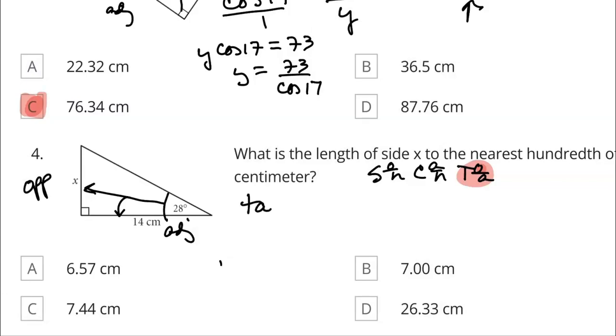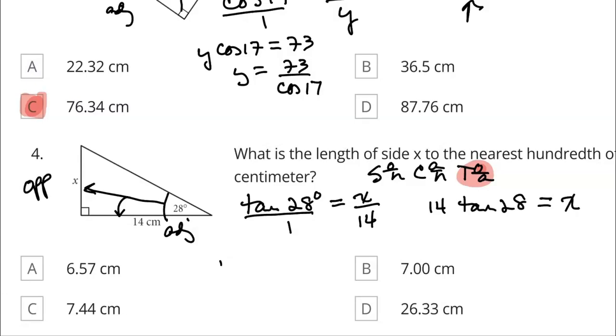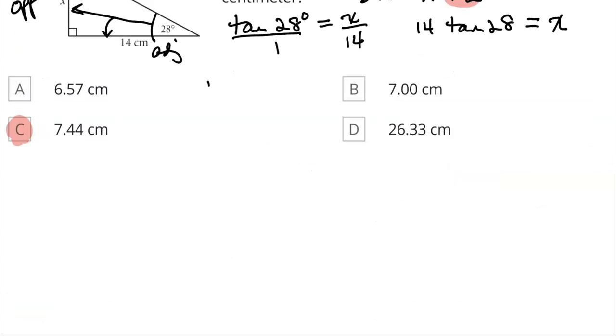So the tan of the angle given, 28 degrees, equals opposite, which is the x, over the 14, which is the adjacent. Do your cross products. It's a one-step problem. 14 times the tan of 28 equals x. If you do 14 times the tan of 28, you should be getting 7.44, which is right here. So that should be your answer.